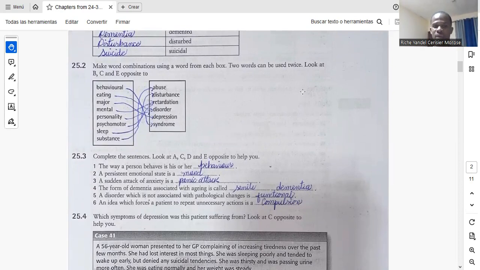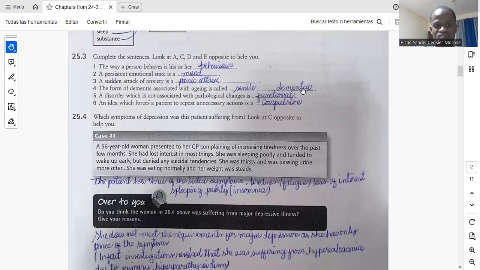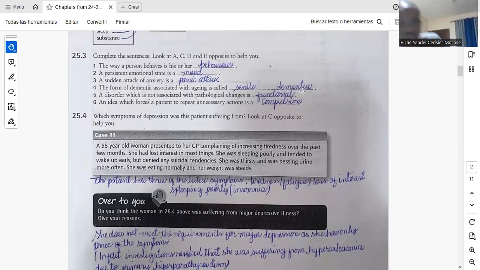Behavioral syndrome: eating disorder, major depression, mental retardation, personality disorder, psychomotor retardation, sleep disturbance, substance abuse.